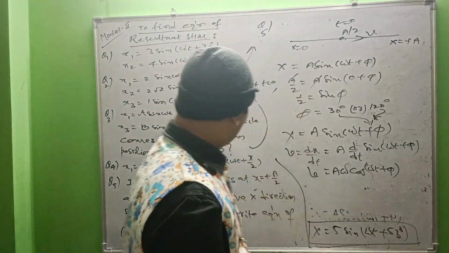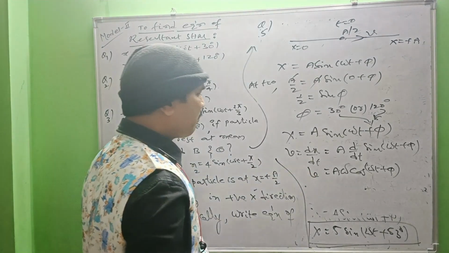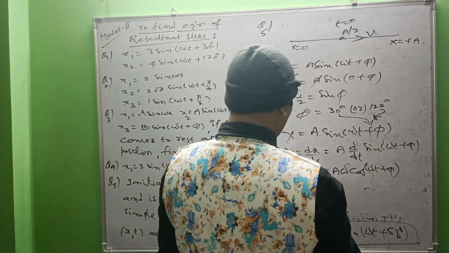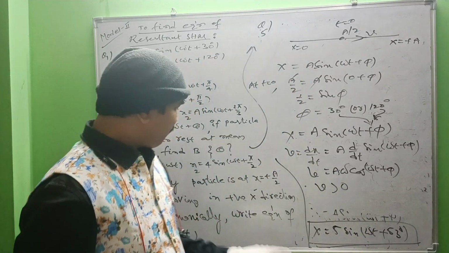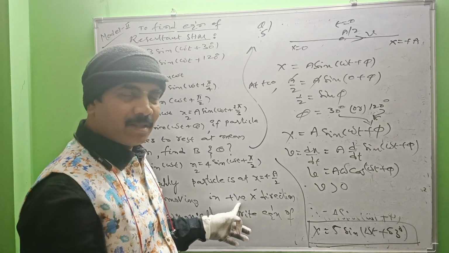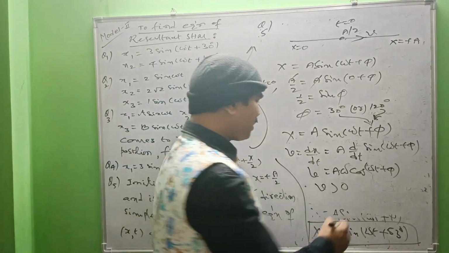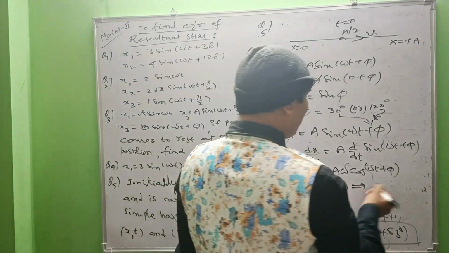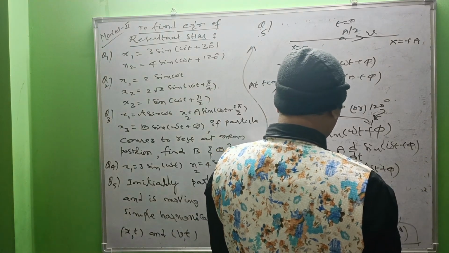Now see, the particle is moving along the positive x direction, which means v is positive, v greater than 0. If the particle moves in the negative x direction, then v less than 0. If it moves in the positive x direction, v greater than 0. This implies cos(omega t plus phi) is greater than 0, at t equal to 0.